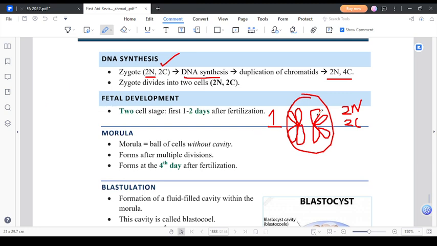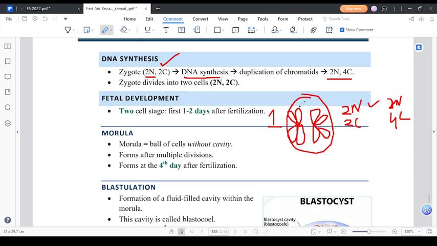Now this is the picture just before mitosis, or just before division, when the DNA has replicated. There are still 2 copies of chromosome number 1, one from the maternal side and one from the paternal side. So the number is 2, but the chromatids, when we count them, 1 2 3 4, it becomes 4C. So 2N 4C is the picture we get before cellular division.